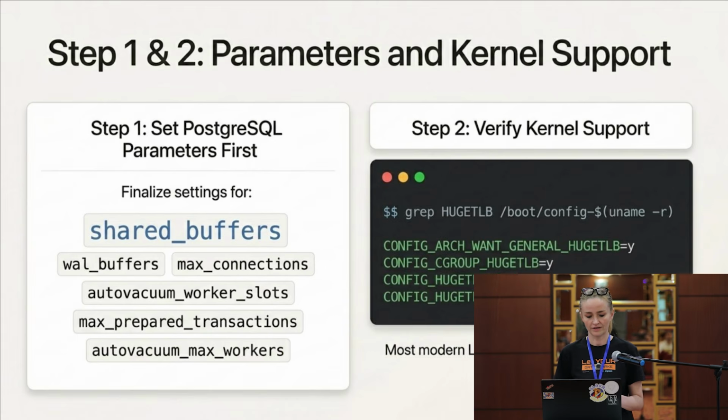Step 2 is mainly here for completeness, because nowadays probably all servers have HugePages support in the kernel. But in the very rare case that your machine does not, you've got the commands to verify that.